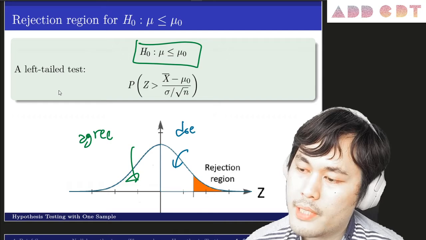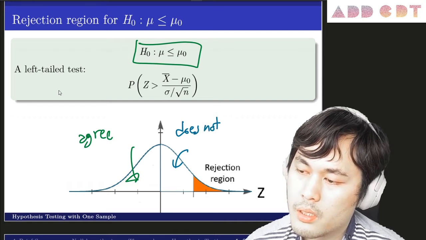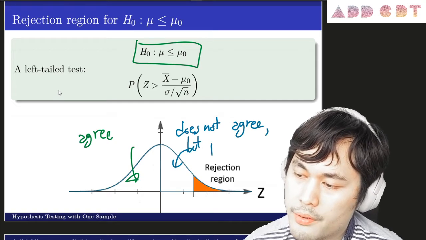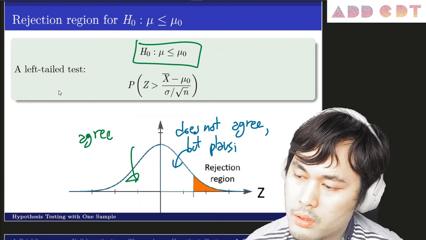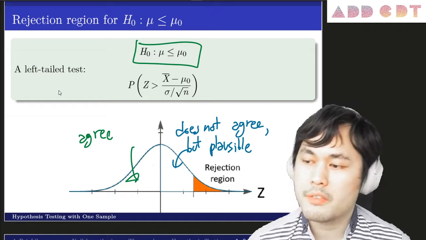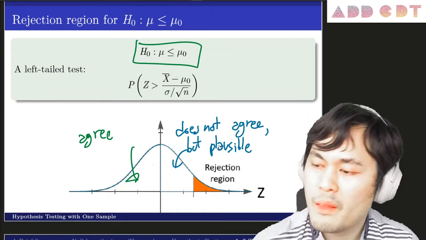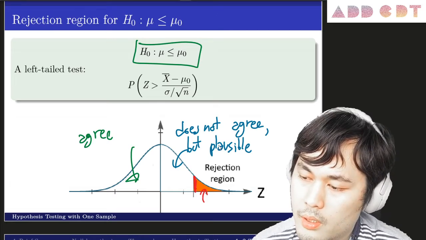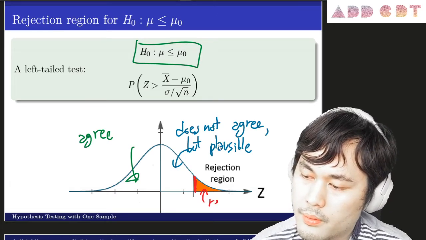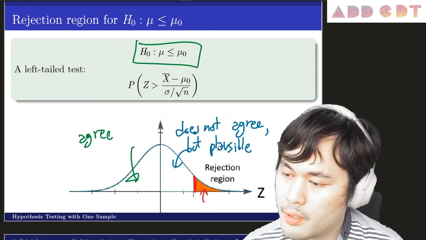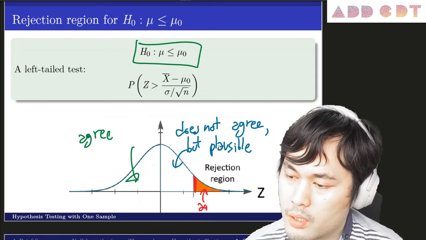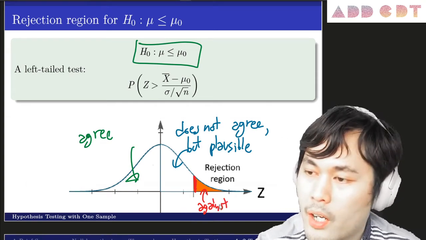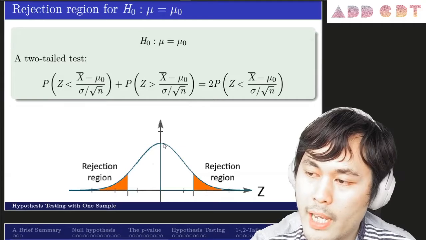That does not agree, but nevertheless it's still plausible just by pure chance. Only when it's too far here do we think that evidence from the sample is against the null hypothesis. And lastly, we have the two-tailed test.